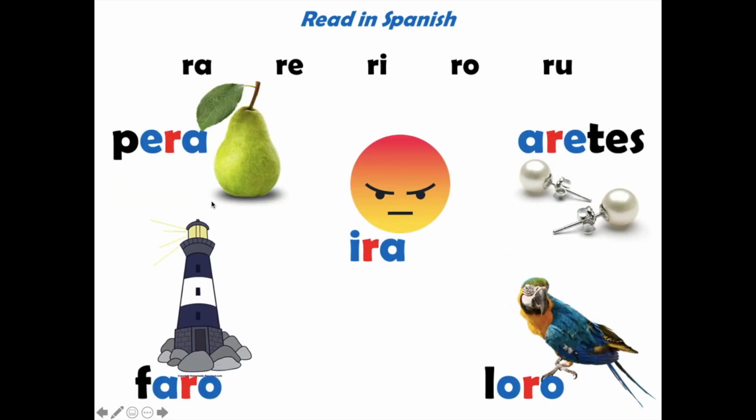Now we have the soft R, and imagine this is letter D in second position, so it sounds like da, de, di, do, du. Pera, aretes, ira, faro, loro. Okay, now if you can see, around my R's are vowel sounds.